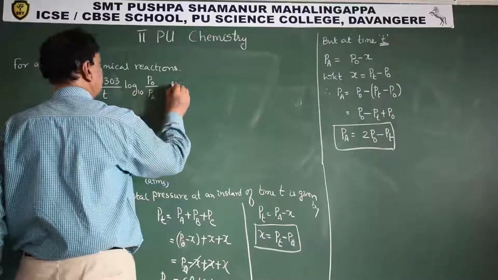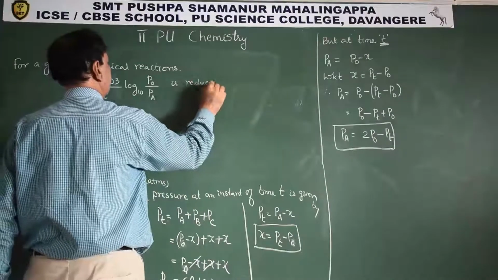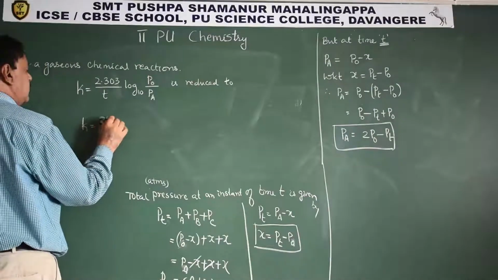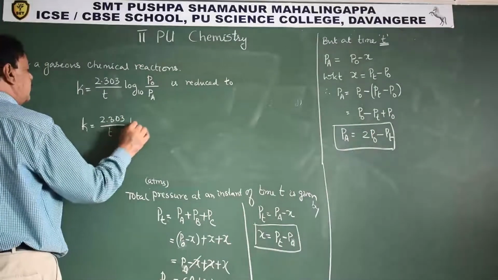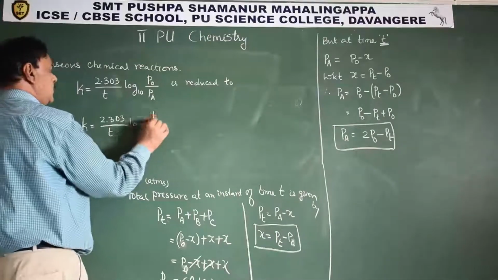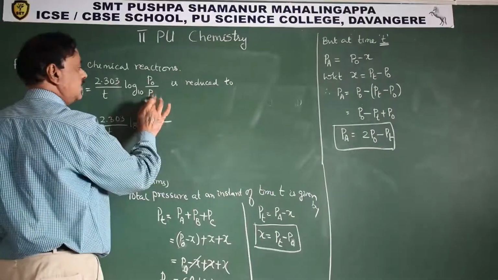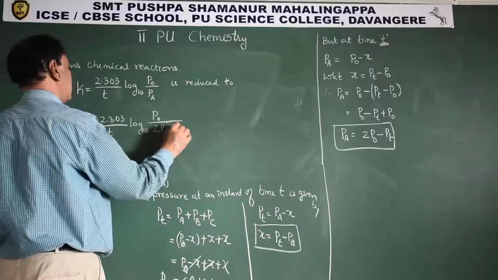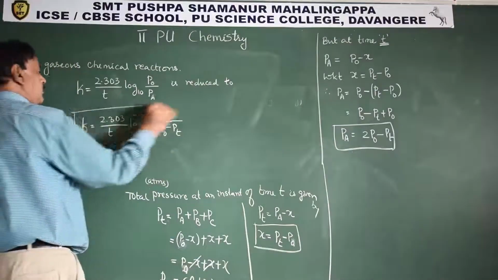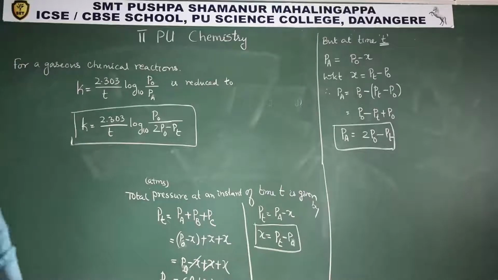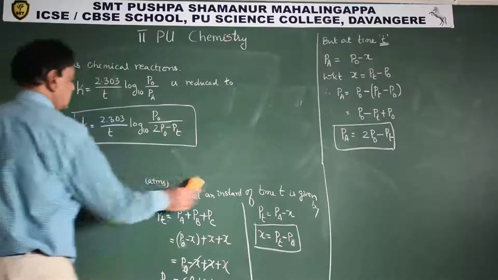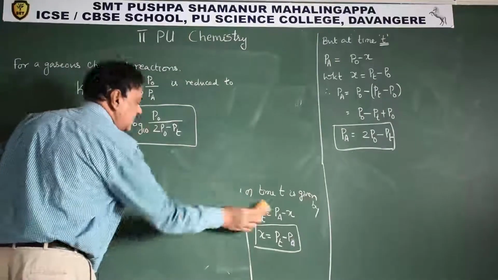This is reduced to k is equal to 2.303 divided by t log base 10 of P naught, keeping P naught as it is, and Pa is given by 2 P naught minus Pt. Substitute these values. This is in terms of partial pressures.